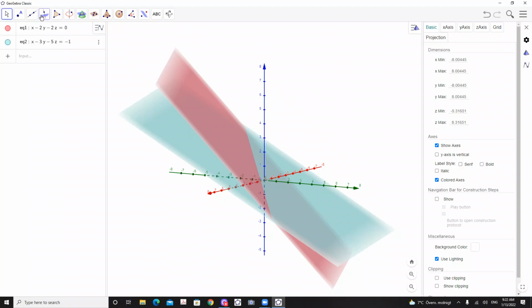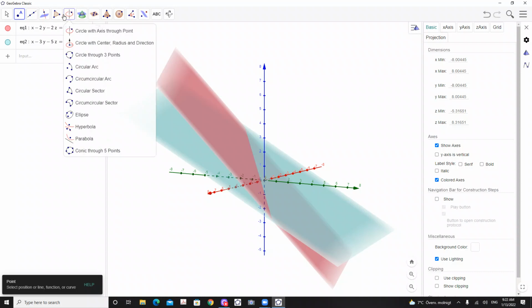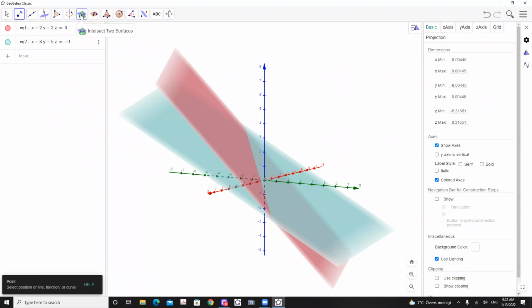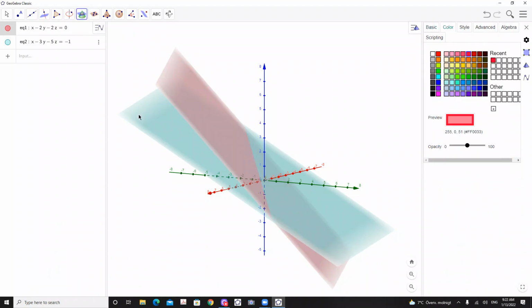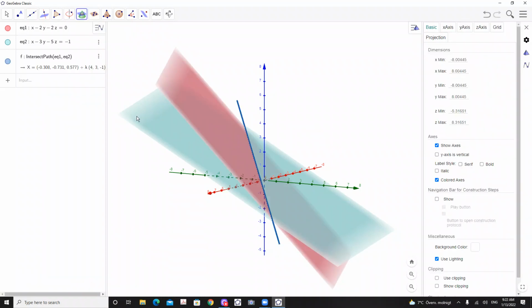So let us see if GeoGebra can provide us with the intersection. Intersection between, okay, I have to go here. Intersect 2 surfaces. I choose this, and I click here, and I click there. So you are right. The intersection is all the points on this line. Do you see that? Let me just try to move it a little bit around so that you can see it.